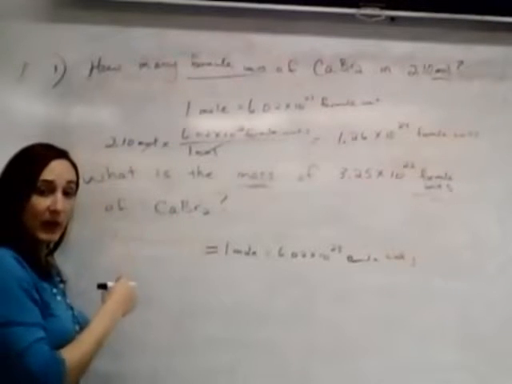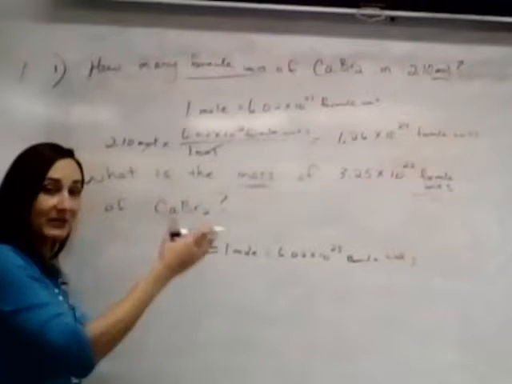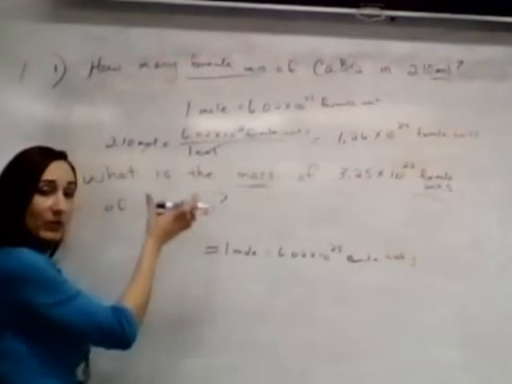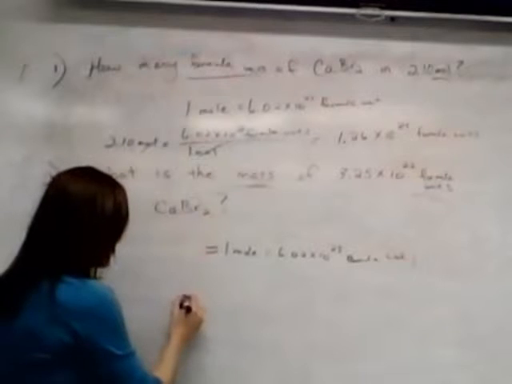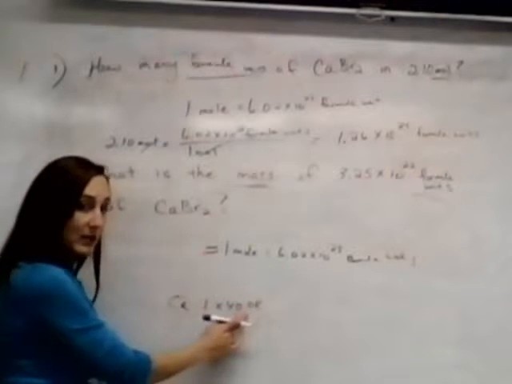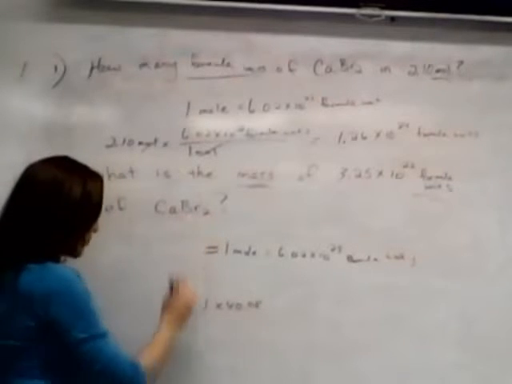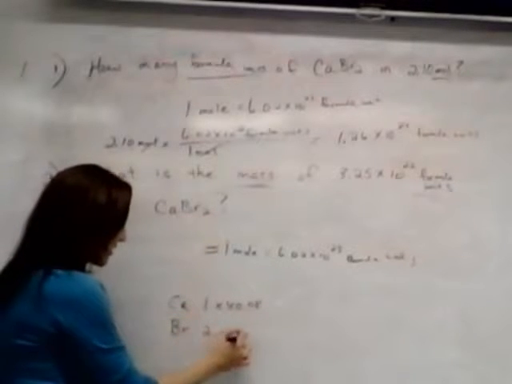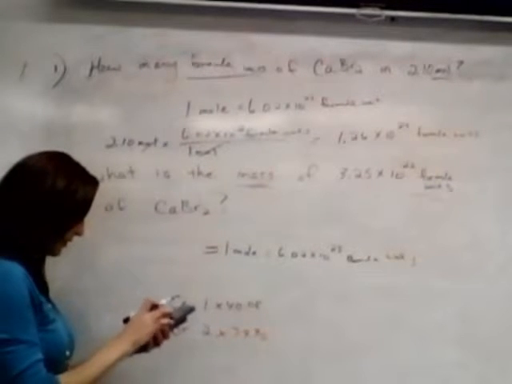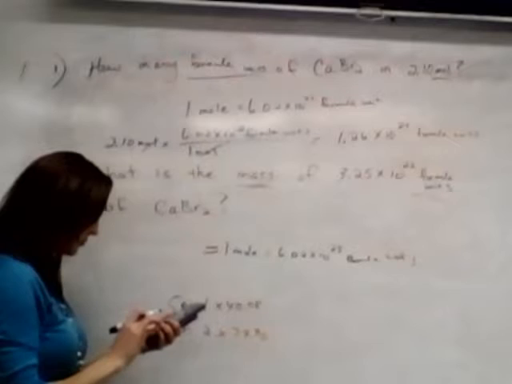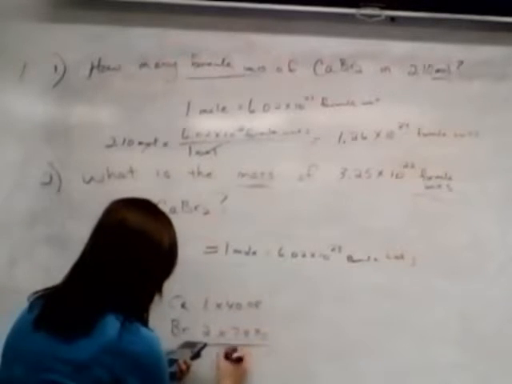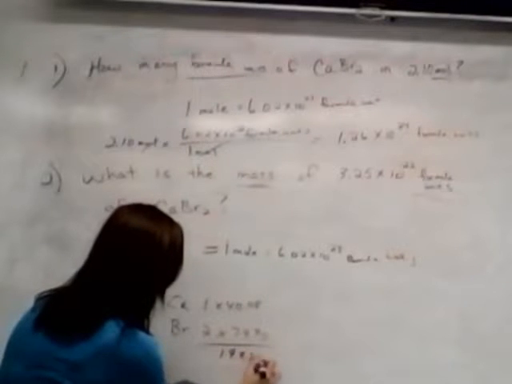If it was just calcium, like in our previous videos, it would be just the mass of calcium from the periodic table, which is 40.08. But we've got this whole formula unit. So just like we talked about in class, I have 1 calcium with a mass of 40.08 from the periodic table. Looking at the subscripts, there are 2 bromines, and that's 79.90. If I add this all up, 79.9 times 2 plus 40.08, that gives me 199.88.